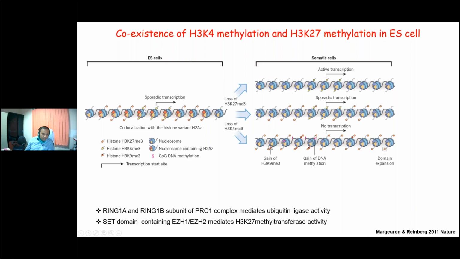Yellow color is H3K4 trimethylation mark, and red color is the H3K9 trimethylation mark. And this situation is because both kinds of marks are present here. That means there is sporadic transcription. That means there is a very low level of transcription of these genes happening.